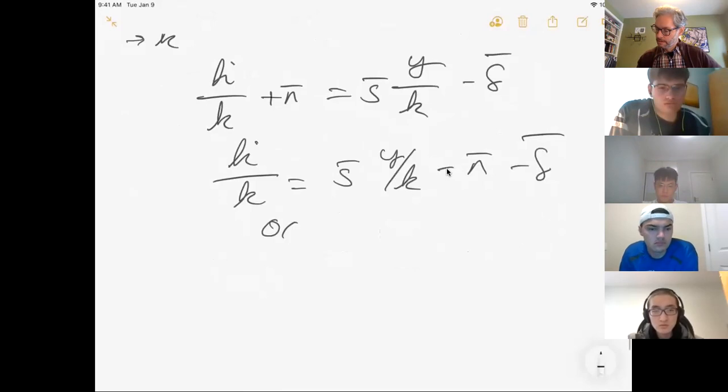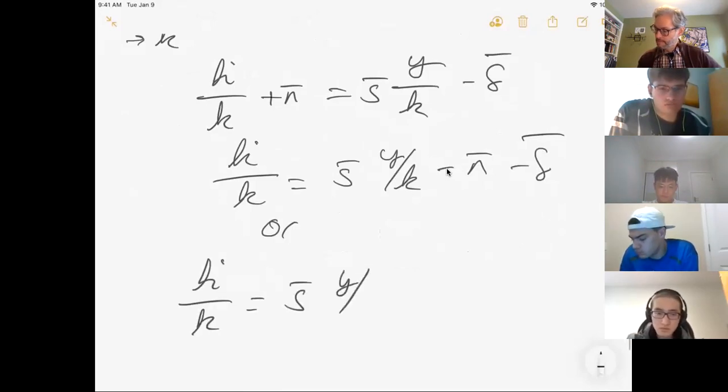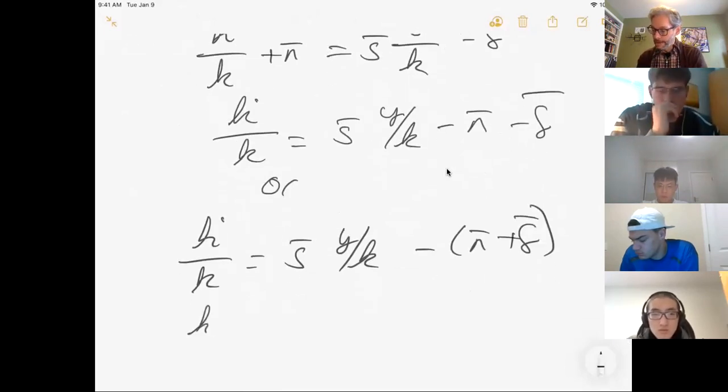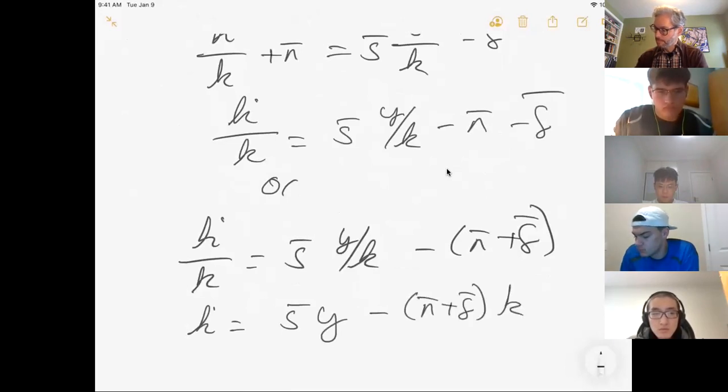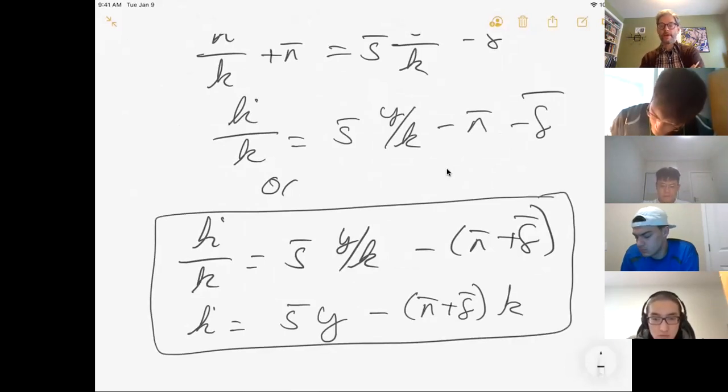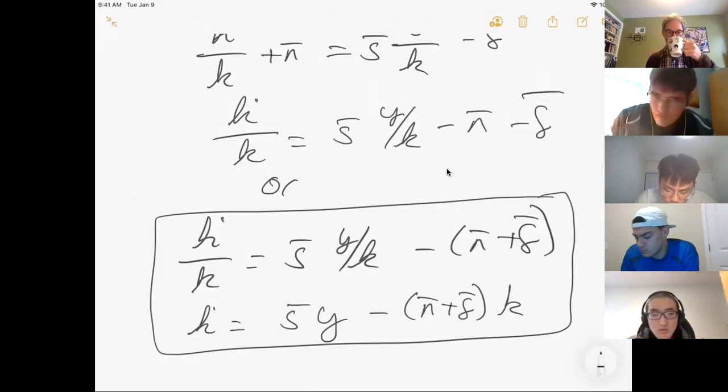Or just to tidy this up a little bit, we will usually write it either like this, or we will write it like this. Those are usually the ways that we will write our capital evolution equation. One of two ways.